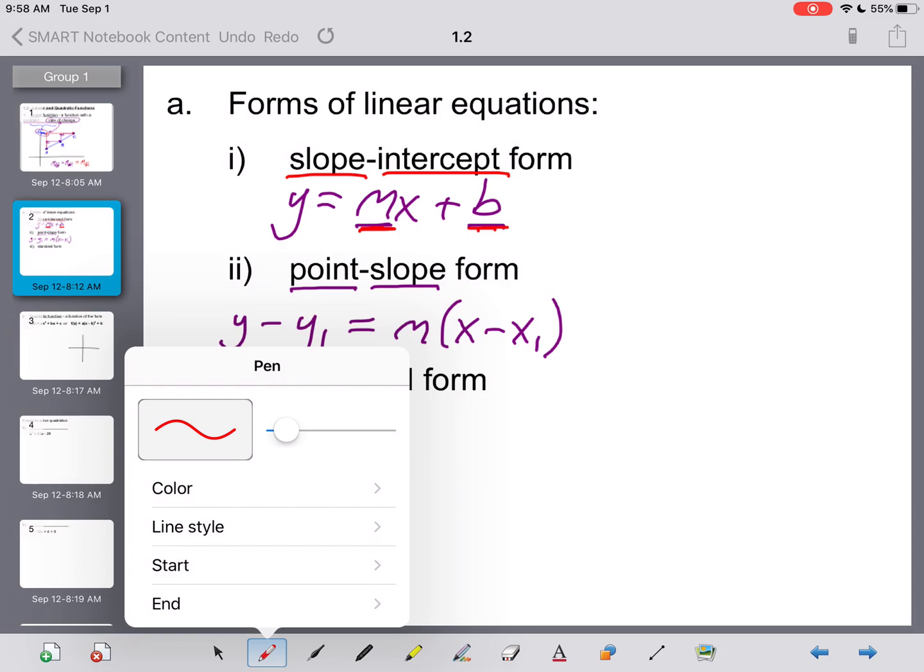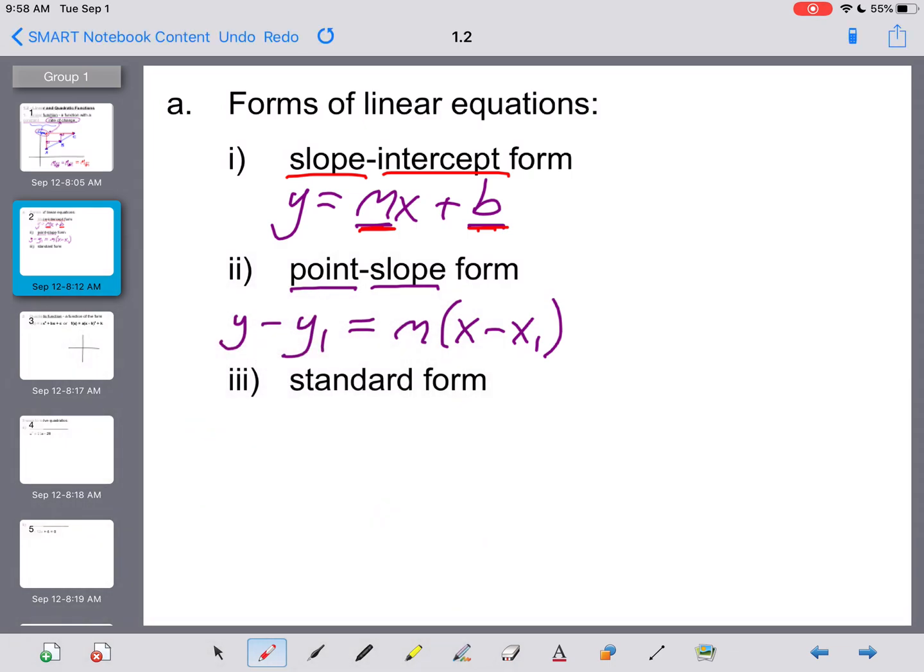Now, this is one that I do actually want to label, though, when we're talking about point-slope form, as to what everything stands for. Not surprisingly, m is still representing the slope of our line. But what happens here, guys, is that if you take x1 and put it together with y1, that represents a point on the line.